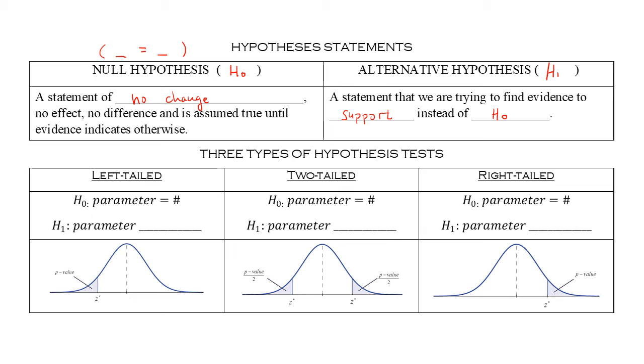When we're performing the test, it's important that we look at the form of our alternative hypothesis, where it'll involve one of these three symbols: less than, so our parameter is less than some number, usually the same number that we have here; or greater than some number; or the other possibility, that it's just not equal to that number.